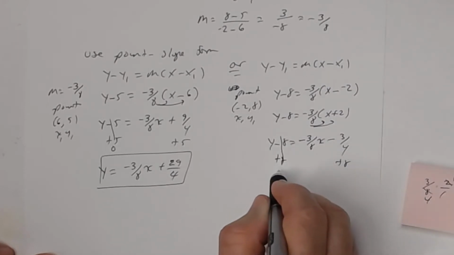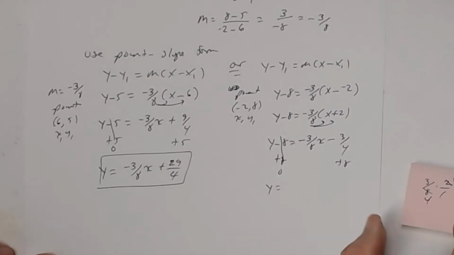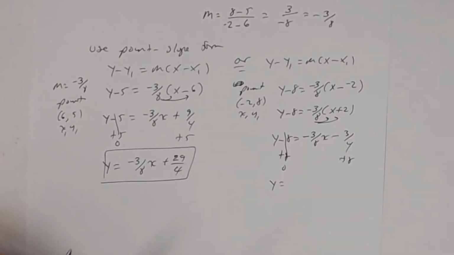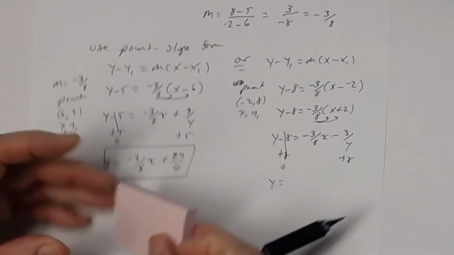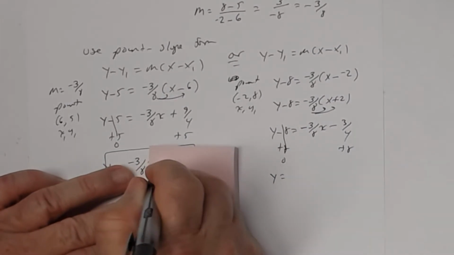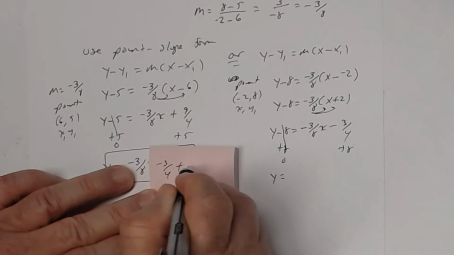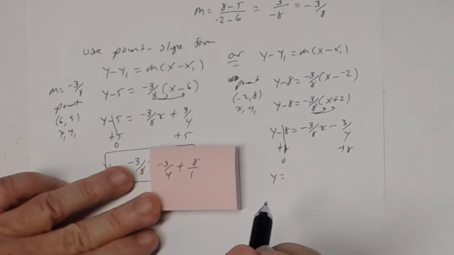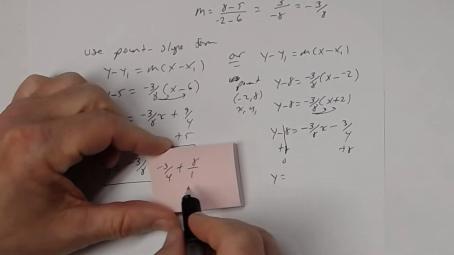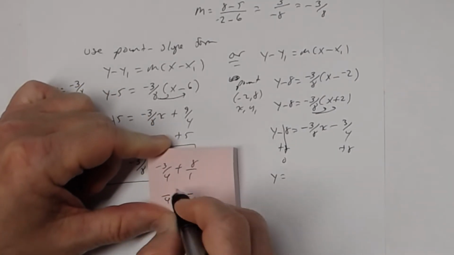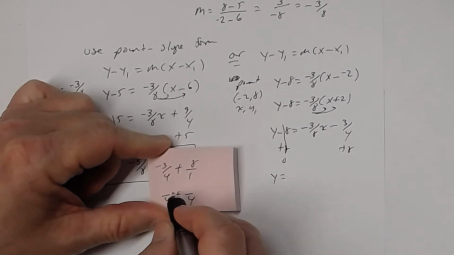And then combine like terms. This is 0, so you get y equal. And let's go ahead and add those two fractions here. So I have negative 3/4 plus 8 divided by 1, right? So I have to find the least common denominator, which is 4. Negative 3/4 is equivalent to itself.